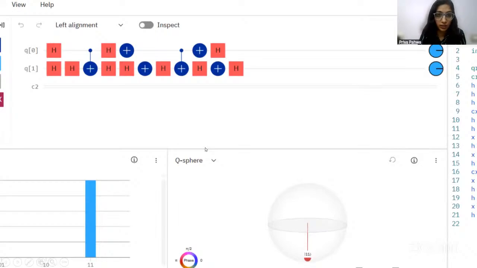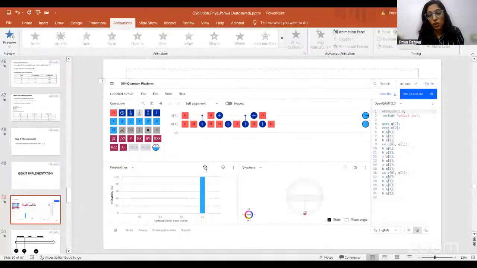So this is what it looks like. One more way is that we can even call IBM using the API token of Qiskit IBM, and then we can run it on the real quantum computers present all across the globe, right?